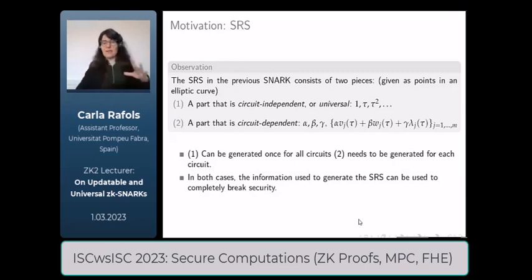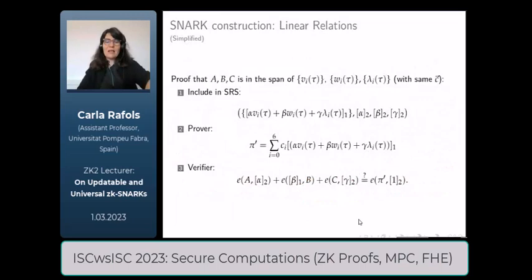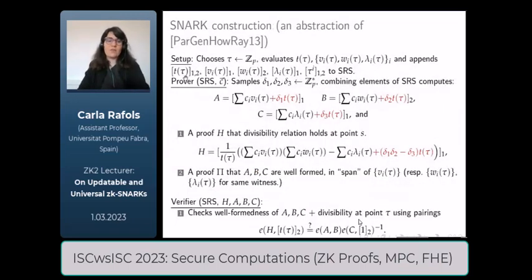One part is circuit independent, or universal, which is just all the powers of the trapdoor, all the powers of the secret information that need to be given in the SRS. If I have all these powers in the SRS, I can compute all these polynomials, because if I have a certain circuit and I have the powers of tau, I know the coefficients of these polynomials b_i, w_i, and lambda_i, and I can compute everything with these powers of tau in the group.